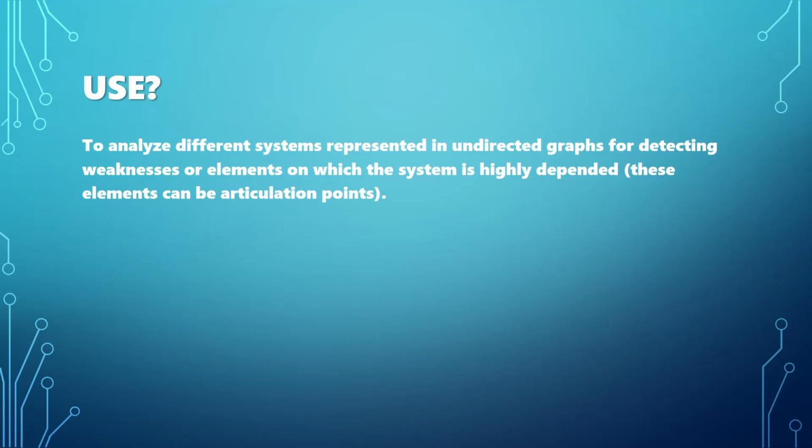So this algorithm is quite useful in our lives because there are lots of systems which we can represent as undirected graphs. I think literally every graph algorithm is appropriate to solve some problems which we may face in our lives.